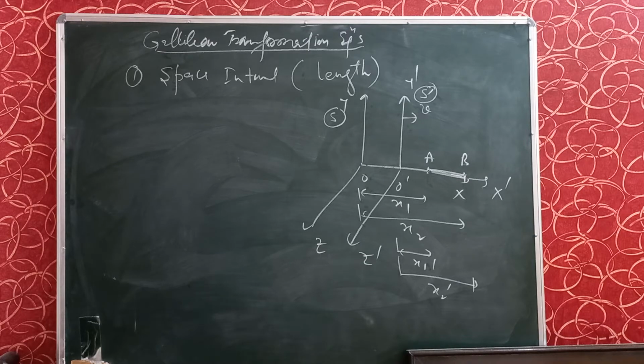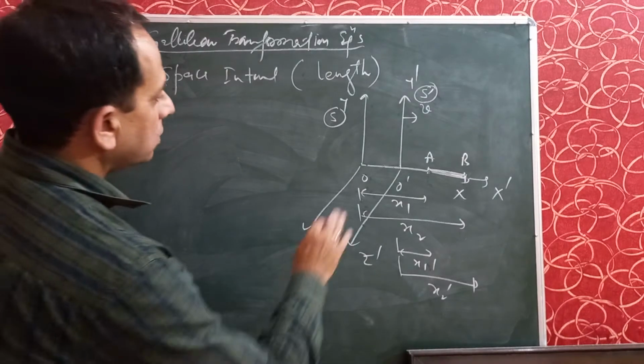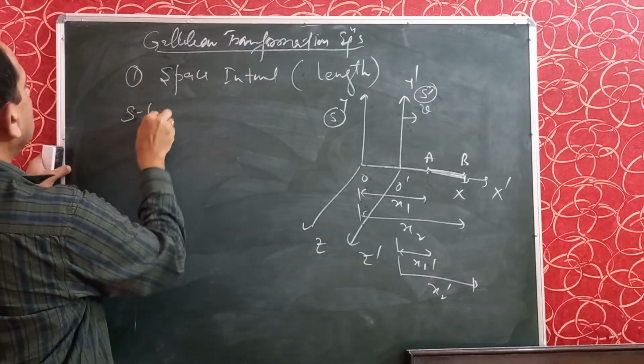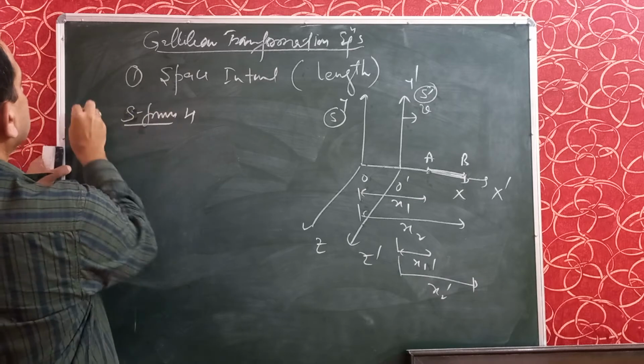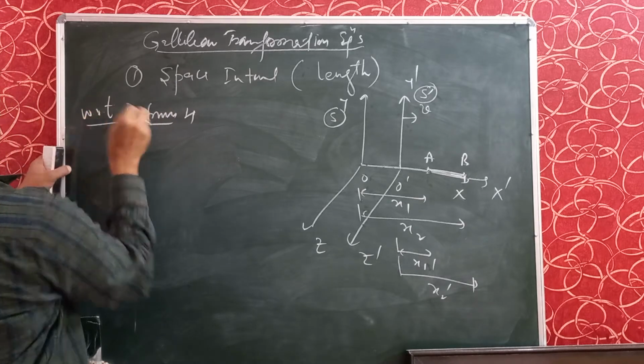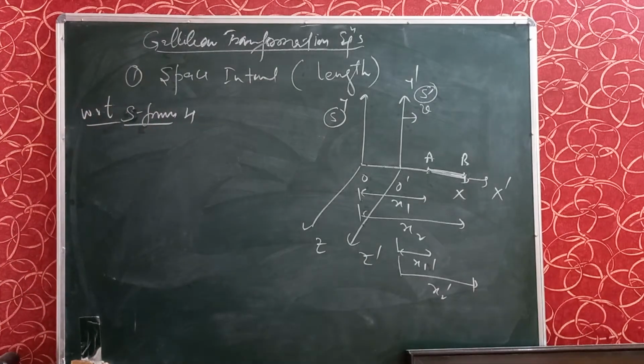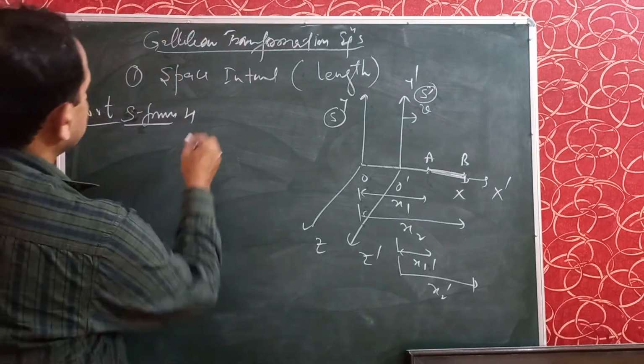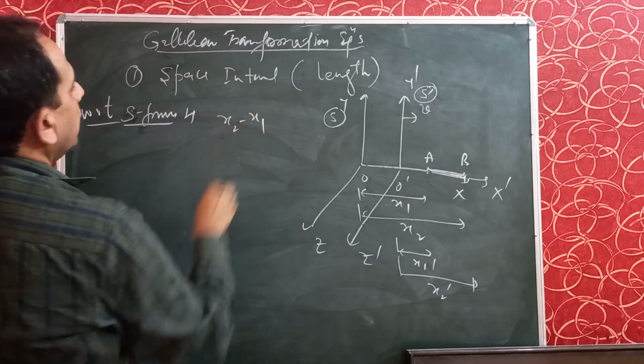Now the length or the space interval with respect to S frame: when we observe the length of this AB with respect to S frame, then the length is x2 minus x1.